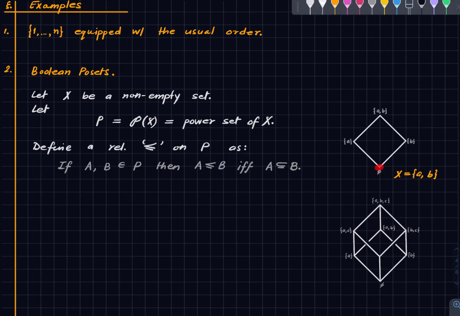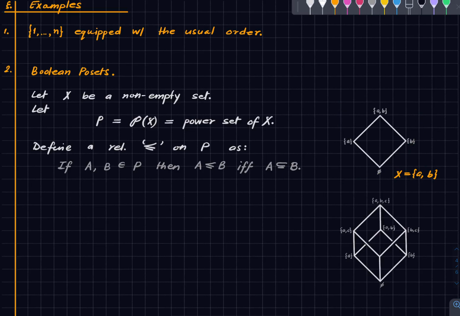The empty set, the singletons {a} and {b}, and the full set X. The empty set is smaller than these because it is contained in both. This guy is contained there, and this guy is also contained there. So we have just drawn these lines to depict containments. This is a very nice diagram capturing the poset, the power set of X.